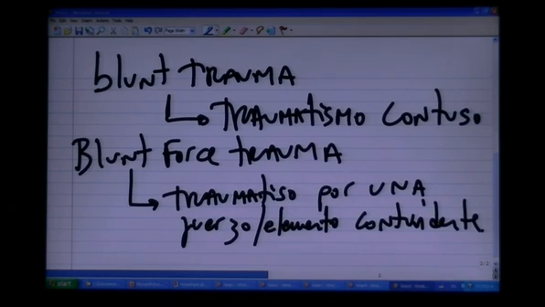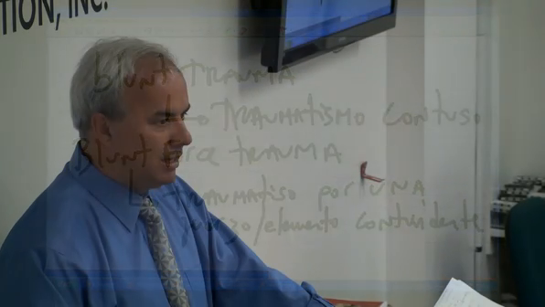But blunt trauma by itself es un traumatismo contuso, no contundente. Lo que es contundente es la fuerza que se usó para ocasionar el traumatismo contuso.